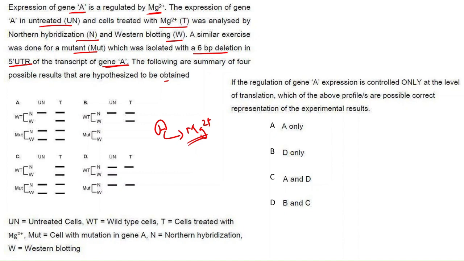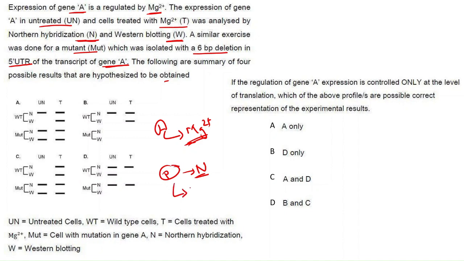Because here they did northern hybridization for the gene, meaning the mRNA, and western blot for the protein. So Mg2+ binds to what? Your phosphate backbone on the nucleotides. So what does it do? It decreases the negative charge in the phosphate backbone.